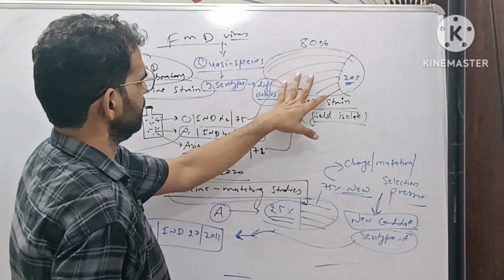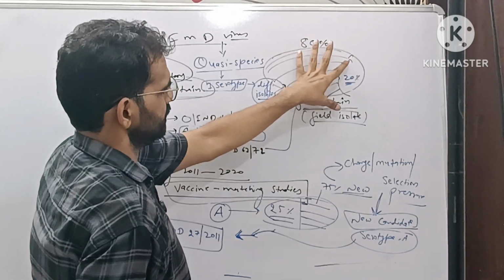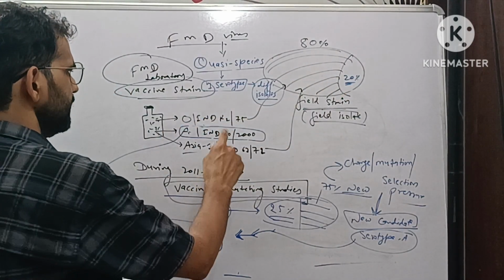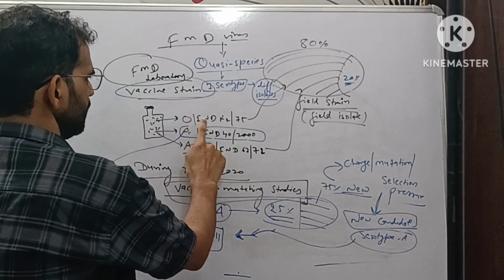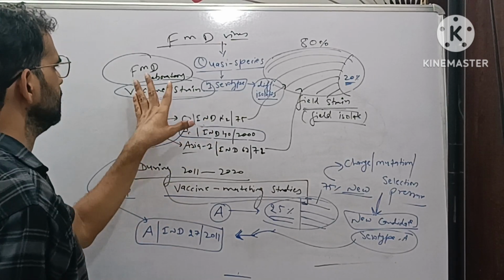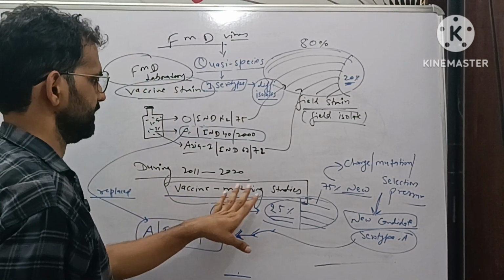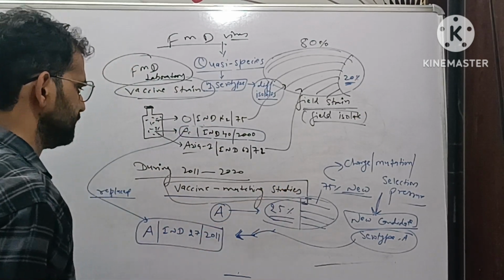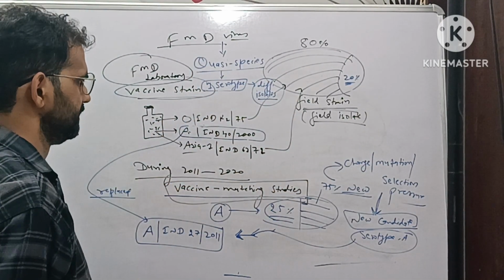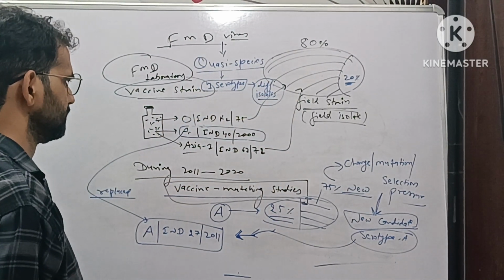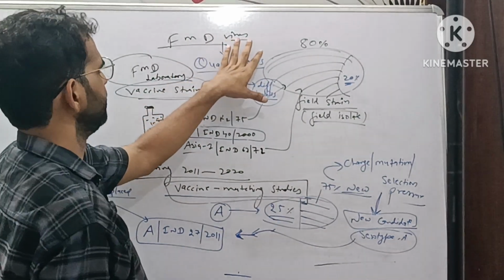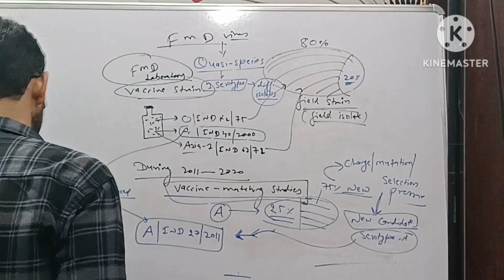If in future these isolates undergo mutation or any selection pressure, then we need to change this OINDR to 75 based on the vaccine matching studies. So one serotype having different isolates in the field is known as quasi-species, and an example is the FMD virus.